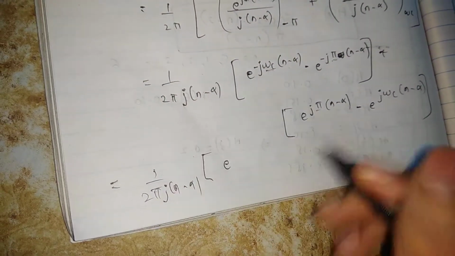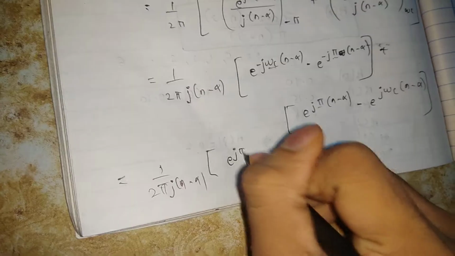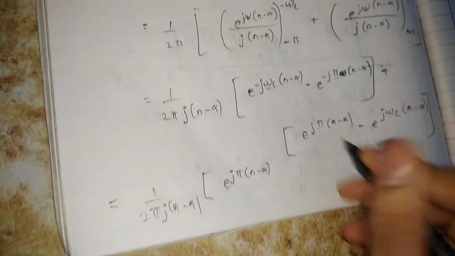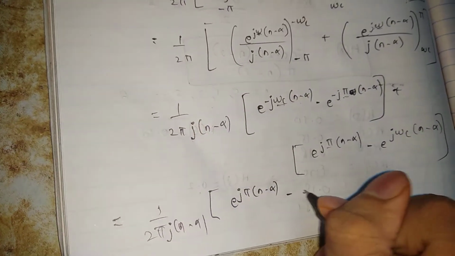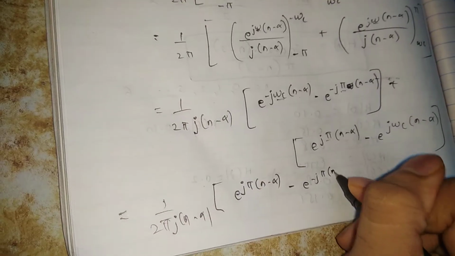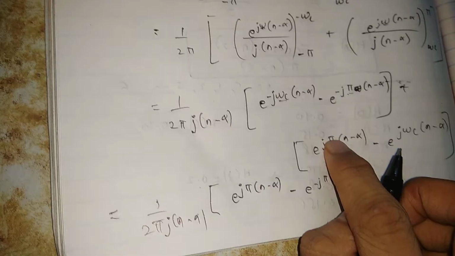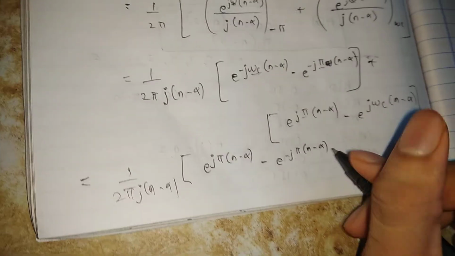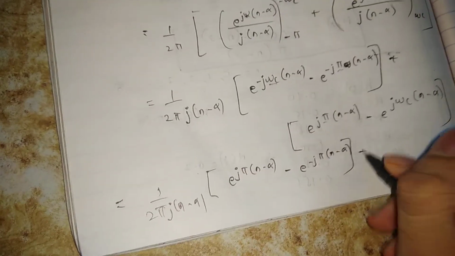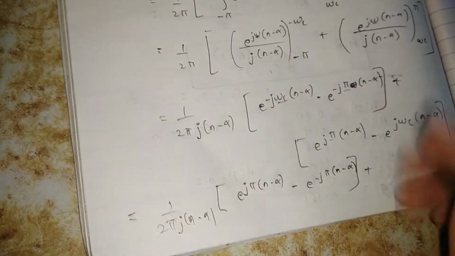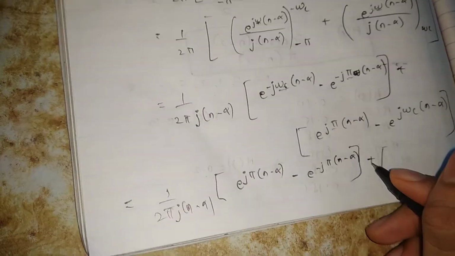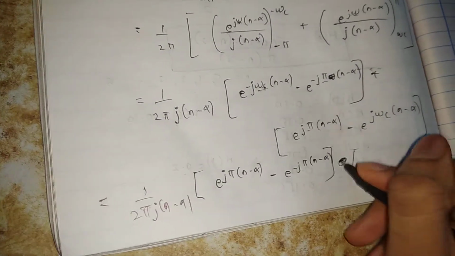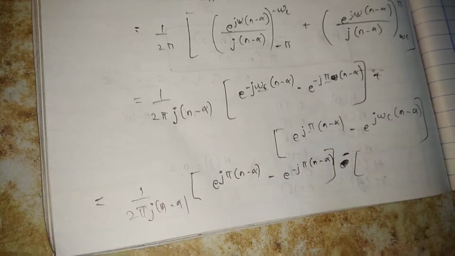So I have e raised to j pi n minus alpha, I'm taking this and I will take this, minus e raised to minus j pi n minus alpha. I took this term and I took this term. Okay, close the bracket, and in the next bracket I will write omega c. I will not take a plus over here, I will take minus common.